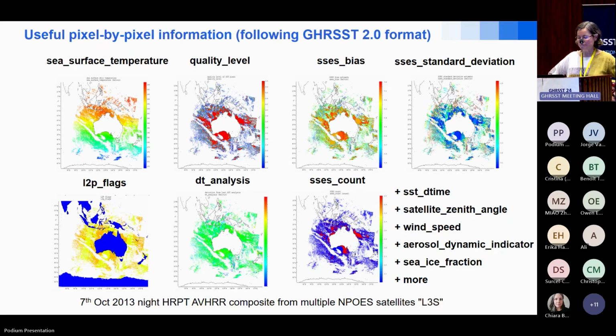Shown here are just a selection of variables per pixel for the 7th of October 2013 from one nighttime HRPT AVHRR composite from multiple NOAA satellites, and that's an L3S product.